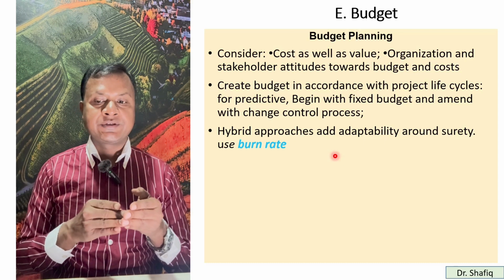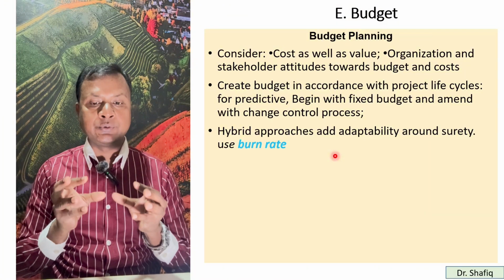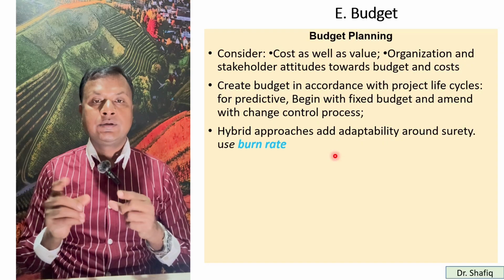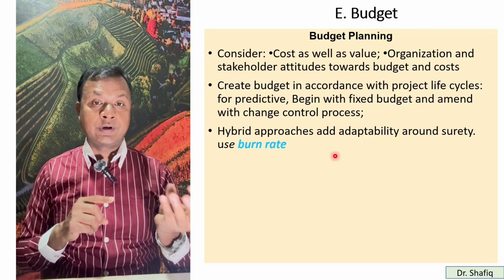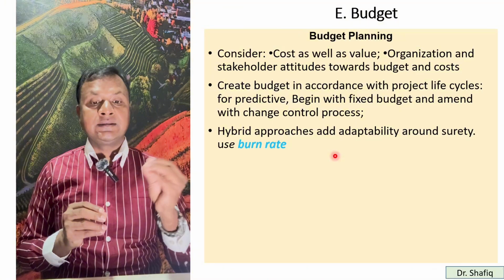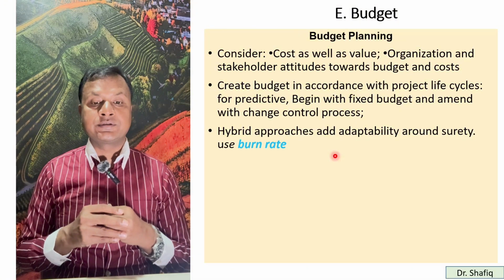How the organization and stakeholders show their attitude towards the budget and cost. So we have to consider the organization's attitude to the budget and cost, and the stakeholders' attitude to the budget and cost.